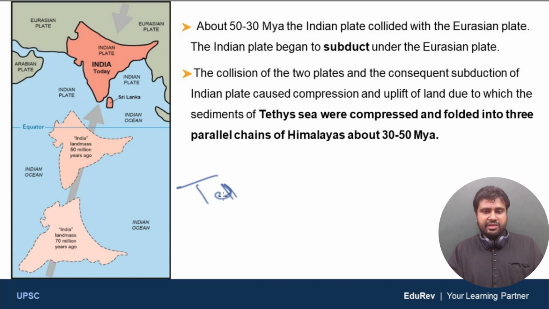Now, about 50 to 30 million years ago, the Indian plate collided with the Eurasian plate, and the Indian plate began to subduct under the Eurasian plate. Now, what is the meaning of subduction? We'll discuss next. Please don't worry about that. But the important point you have to keep in mind here is that about 50 to 30 million years ago, the Indian plate collided with the Eurasian plate.